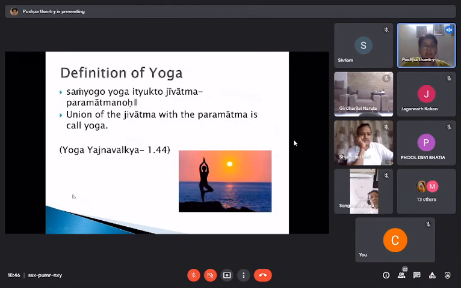Now, other definitions of yoga come from Yajnavalkya. Samyogo yoga ityukto jivatma paramatmanoh, which means union of jivatma with paramatma is called yoga. This is one of the common definitions which we always mention even in the classes, and this comes from Yajnavalkya.